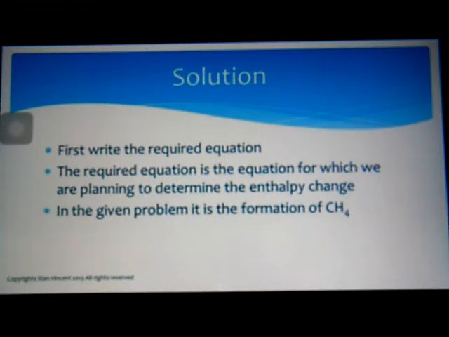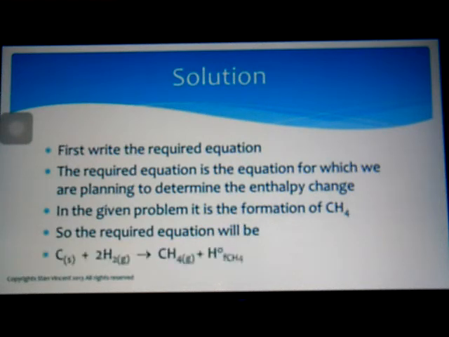In the given problem, we are looking to find the enthalpy of formation of methane. So the required equation will be written like this: C solid plus 2H2 gas giving you CH4 plus delta H0F, where the heat of formation of methane is what we need. So this is what we do.